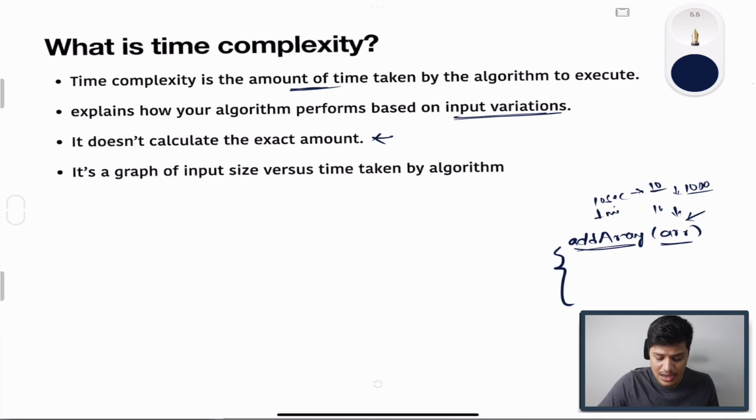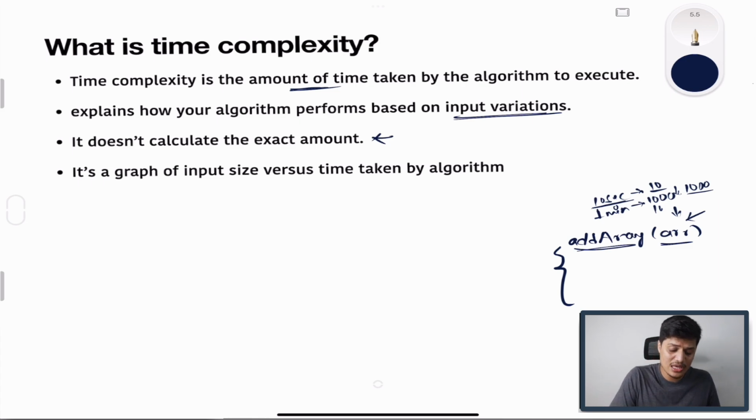Rather, we will not say our function will take 1 minute for an array that has 1000 elements. We will not try to give the exact amount of time in a unit. Rather, we will try to come up with a mathematical representation that defines the units of time it is going to take. Here the unit is not actually the time metric that we have. It is a mathematical abbreviation that we will be calculating.